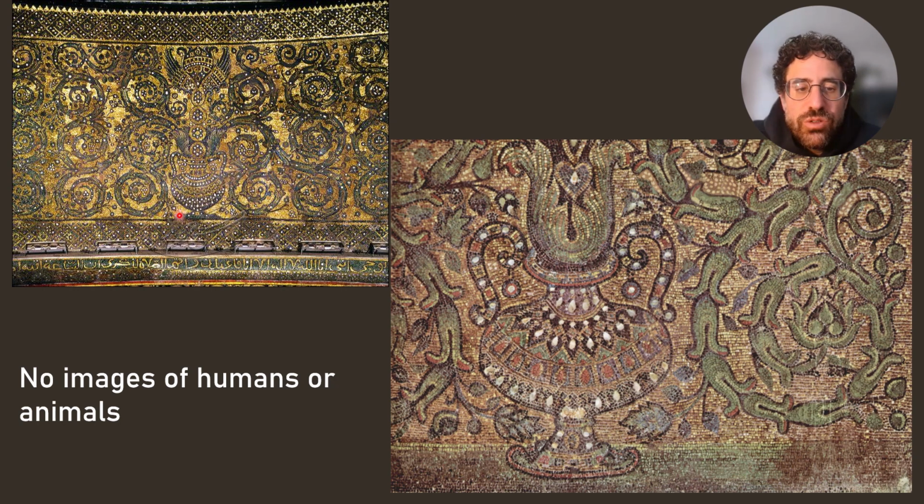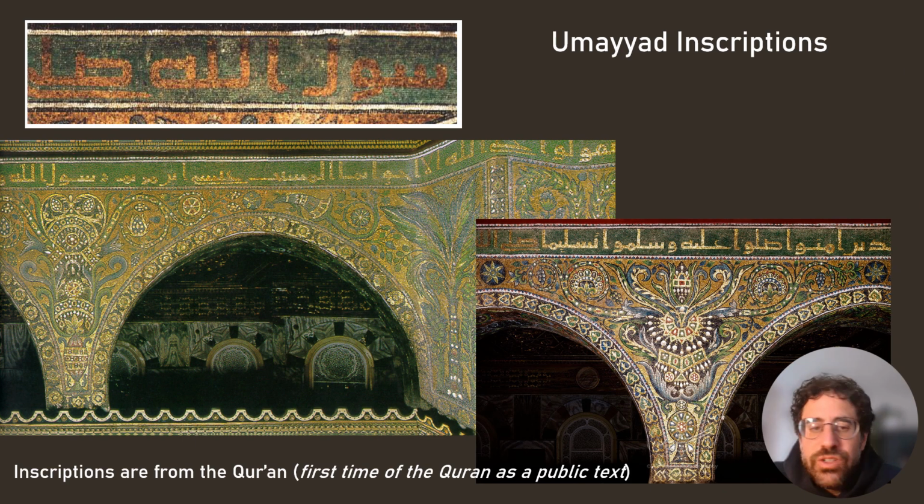And in fact, if you were to read the inscriptions that accompany these vegetal motifs, you have a very strong, clearly not anti-Christian message, but a message differentiating Islam from Christianity and from other monotheistic religions, specifically by pointing out that the Trinity is not correct.